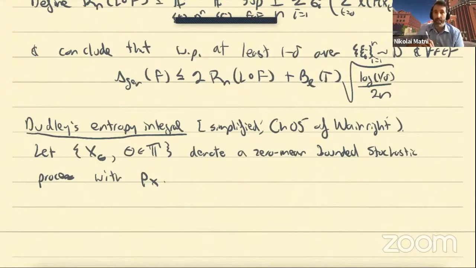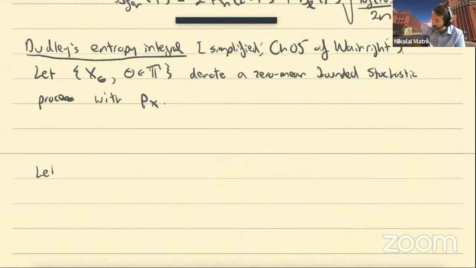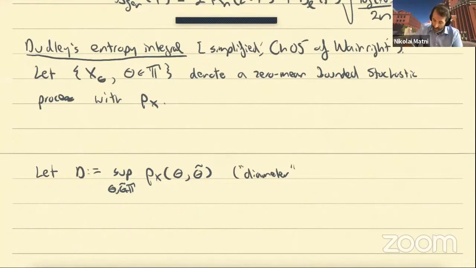So you can think of this as kind of like the variance, the expected value of the squared norm of x theta minus x tilde, for example. But we'll leave this as generic for now. Now we're going to define the radius of this stochastic process to be the supremum over theta and theta tilde living in this index set of precisely the metric, right? So really this is kind of the radius or diameter, actually it's a diameter, the diameter of my stochastic process.